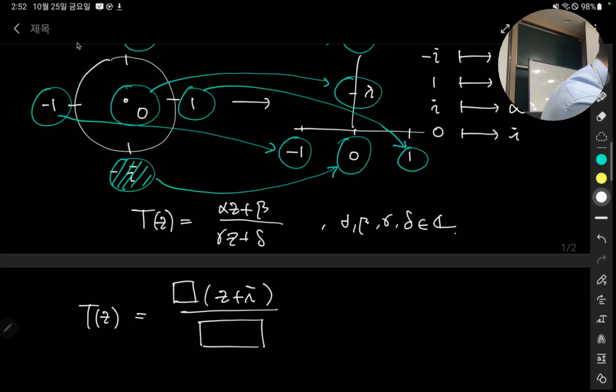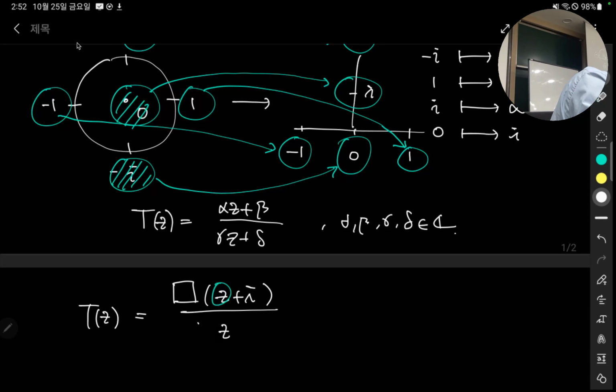And let's say I want to send 0 to i. That means if I plug in 0 right here, then I should get i at the end. What I don't know is the coefficient of z and the constant.